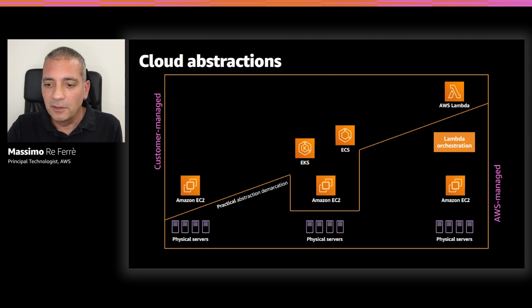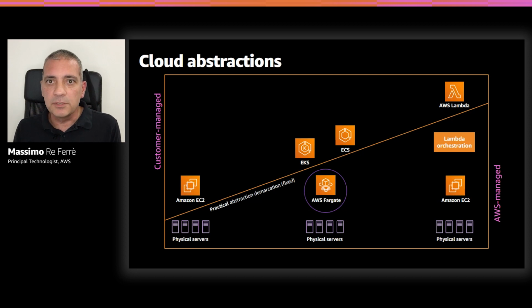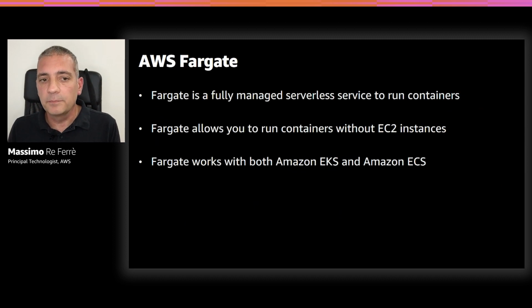Enter Fargate. Fargate is the service that we introduced 3 years ago that allows us to fix that leakage. Fargate is the service that allows you to only think about containers, only think about your containerized application, and forget about what's underneath that line. So what's Fargate?